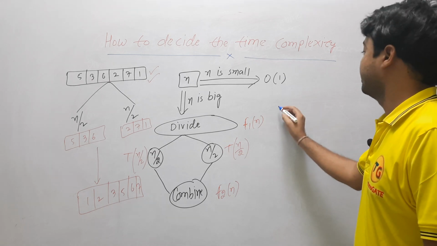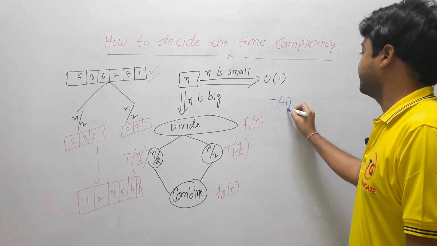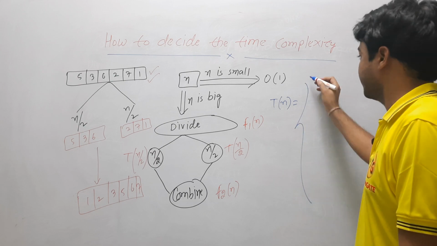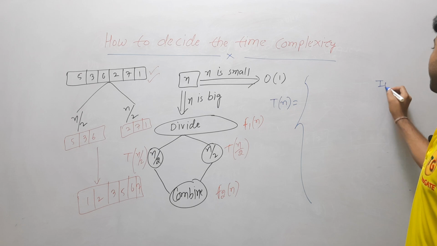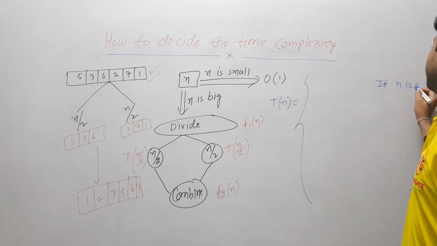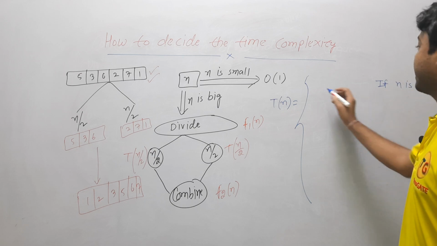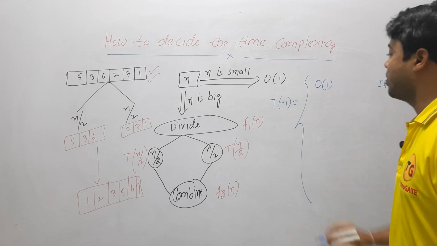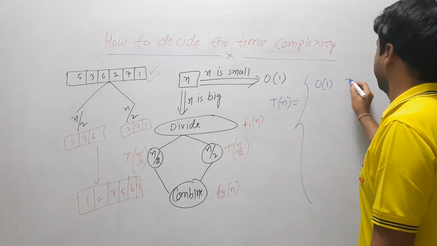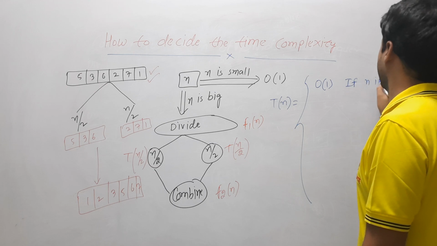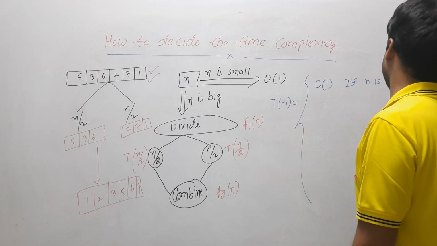So let's see here. T(n) is the time complexity to sort n elements. If the problem is small, if n is small, how much time will it take? Constant time.